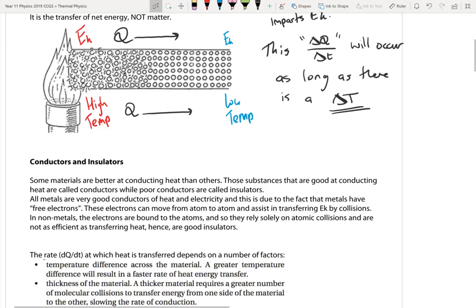If you have free electrons, these free electrons can assist in bashing and transmitting and imparting EK. Now the collisions, basically it's an electrical interaction. All right? So as you take jiggling electrons, they can make other electrons jiggle if they are free to move.